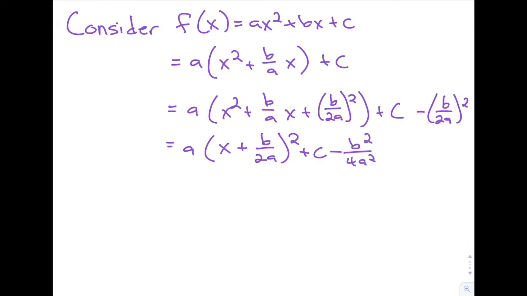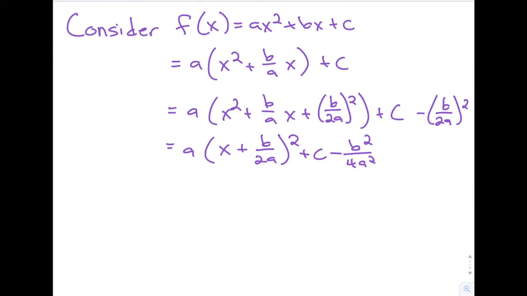So this is the equation of a quadratic function in standard form, but now we have h equal to negative b over 2a. And in this case, k equals c minus b squared over 4a. So we can recognize the same structure of the standard form, that is f of x equals a times the quantity x minus h squared plus k.